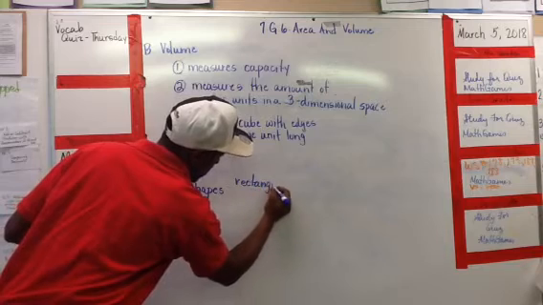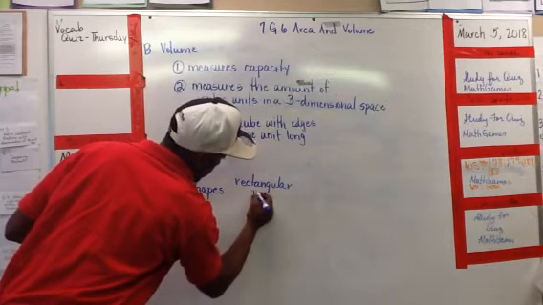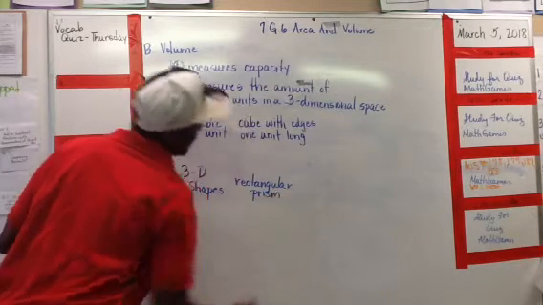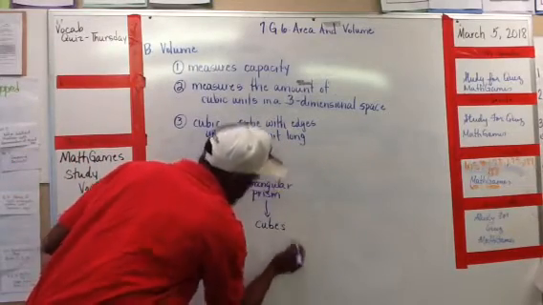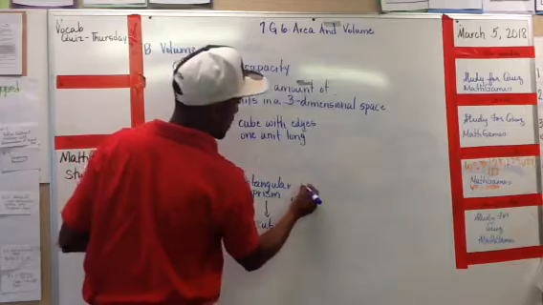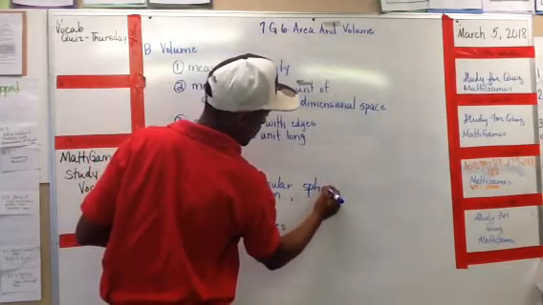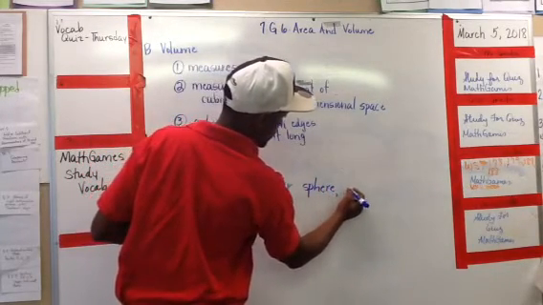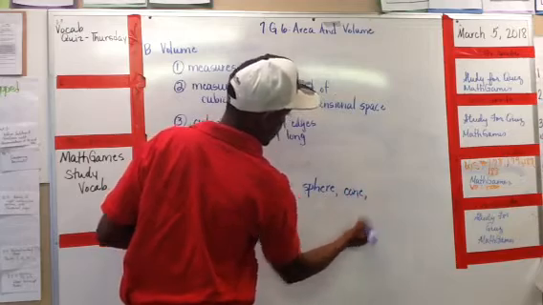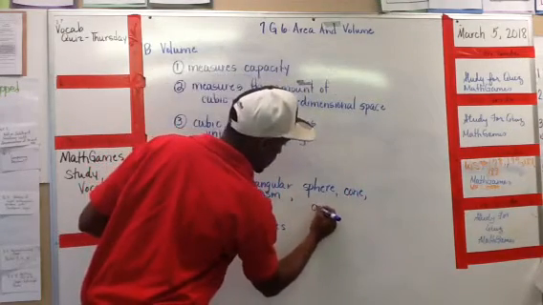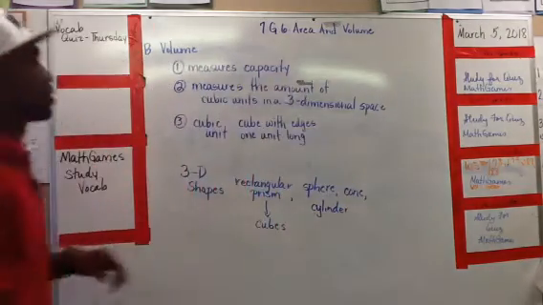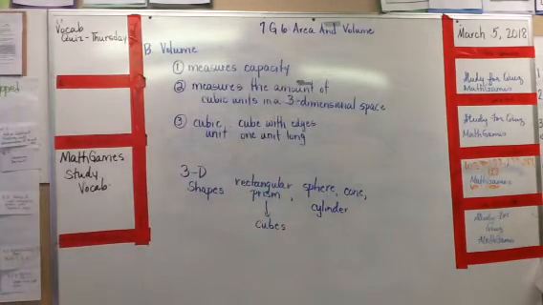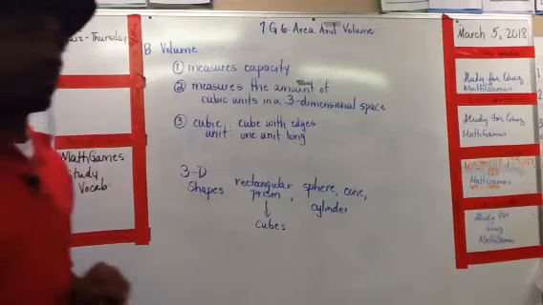Rectangular prisms are examples of a three-dimensional shape. Understand that cubes also fall in the category of a rectangular prism. Okay? A sphere, a cone, a cylinder. All of those are 3D shapes.